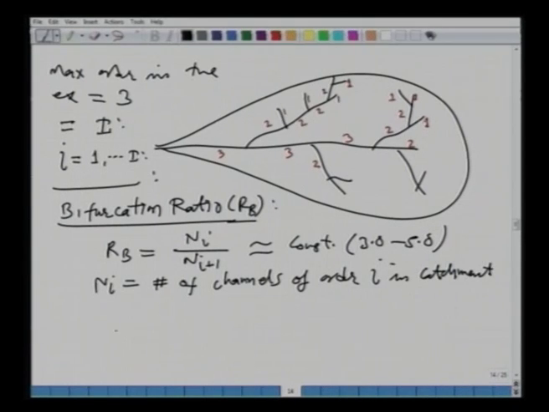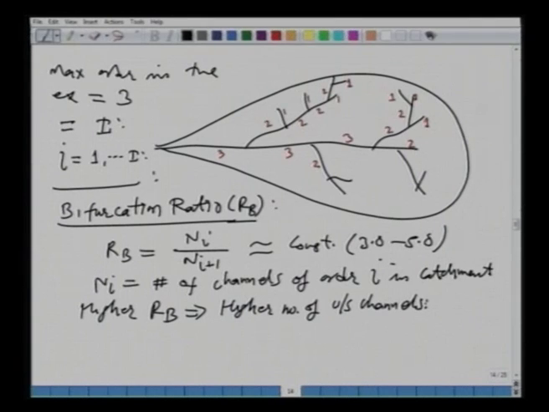All right. So, you see that higher the RB, what is the RB? It is the bifurcation ratio. Higher the RB would mean that there is higher number of upstream channels. So, there are more channels in the upstream reaches. What would that mean in terms of the drainage capacity?